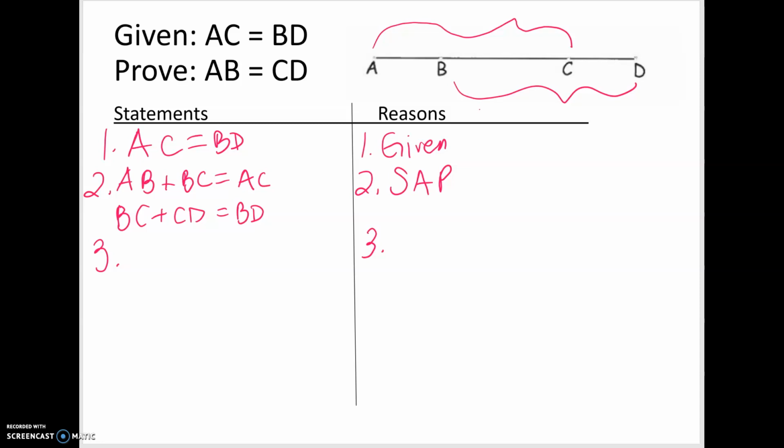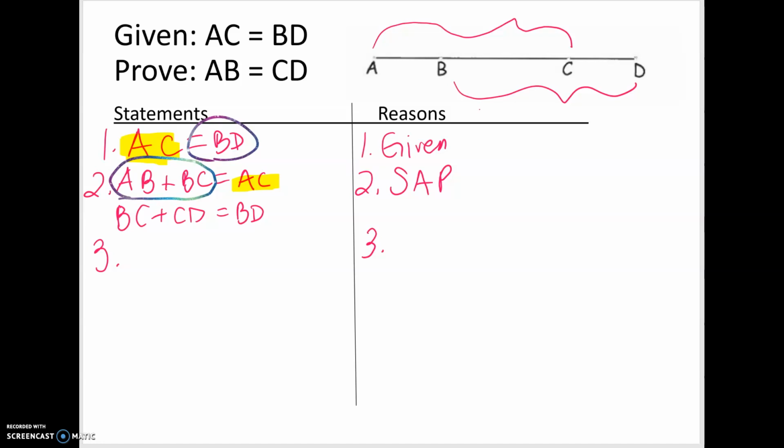Okay, now here's the tricky part. If I look, I can see that AC is in both of these. That's going to allow me to set what's left over equal. So that's these pieces if I'm using my transitive property.